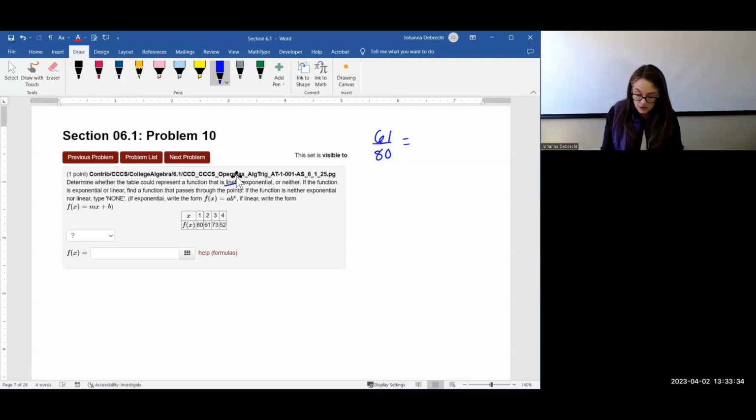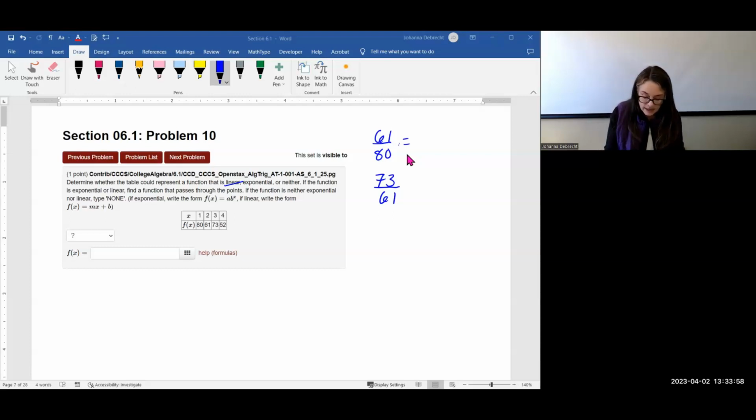And this gives me, well, 61 divided by 80 doesn't reduce, so I can just leave it. What about the next one? Well, that's 73 divided by 61. The first one is less than 1. The second one is greater than 1, but the main point is they're not the same. And if they're not the same, it's not exponential.